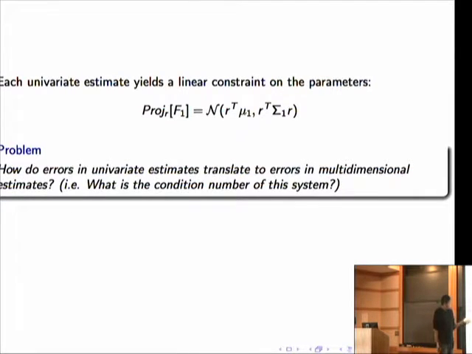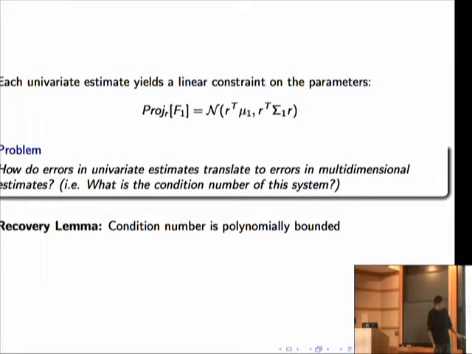Another way to put this, in the language of linear algebra, is what's the condition number of this system of equations? And in general, we can't hope for the condition number to, say, be constant, because a lot of these directions are very redundant, in fact, right? So if we're choosing many directions which are within epsilon2 of each other, then the information is very correlated across these different directions. But the key point, and I'm not even going to get into how we prove it, is that the condition number is polynomially bounded.